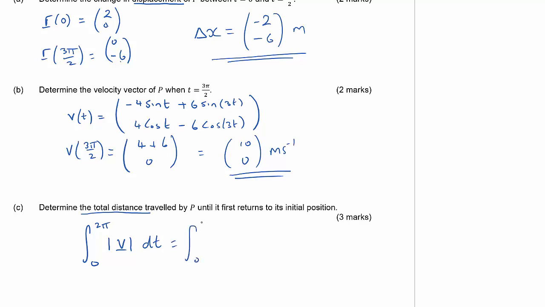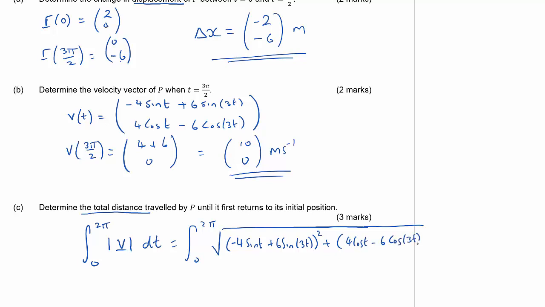So that's the integral from 0 to 2 pi of the square root of negative 4 sine t plus 6 sine 3t, squared, plus 4 cos t minus 6 cos 3t, squared.